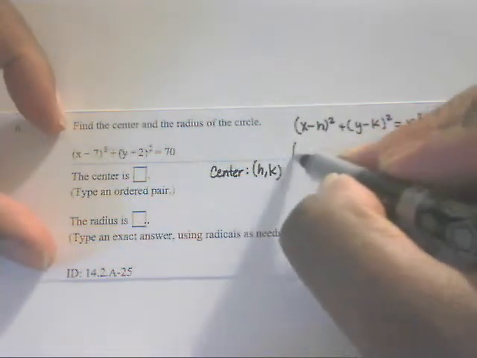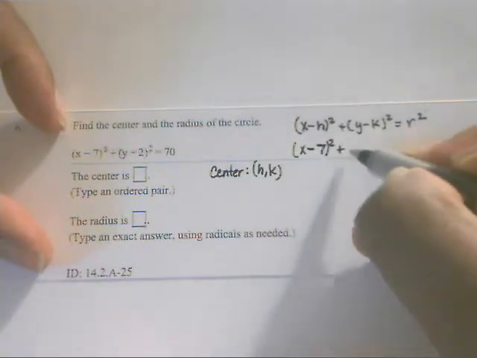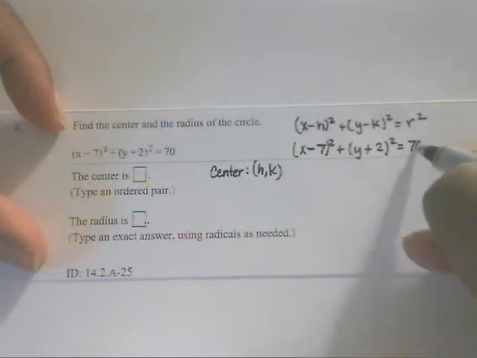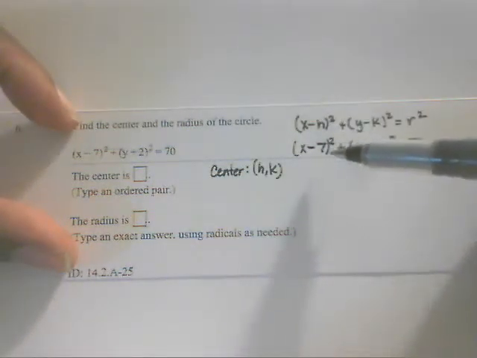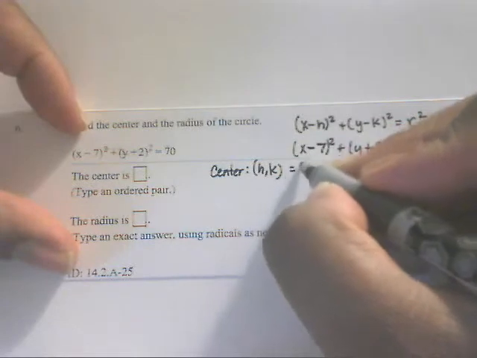And I'll rewrite the equation that we're dealing with. Okay, you have to look at the standard form here. For us to have a minus 7, the 7 had to be positive, so the h is 7.